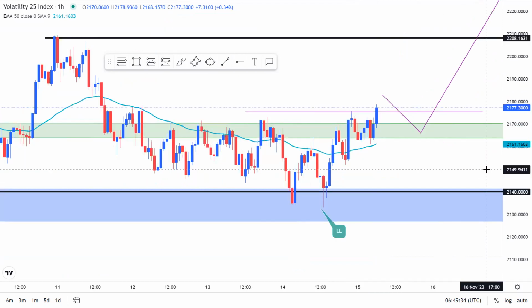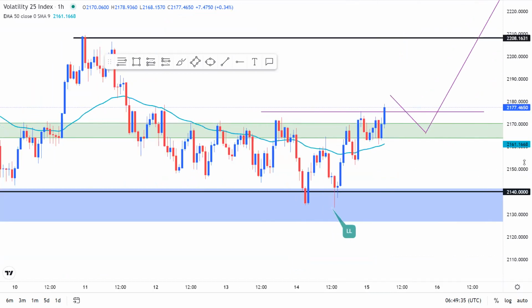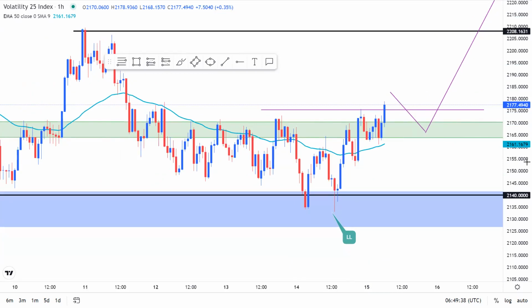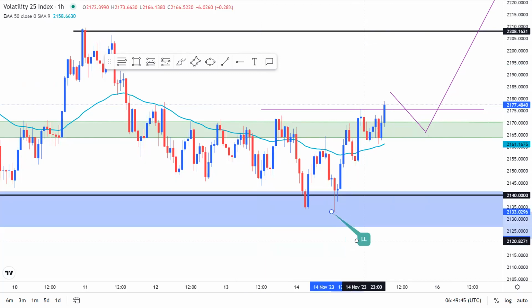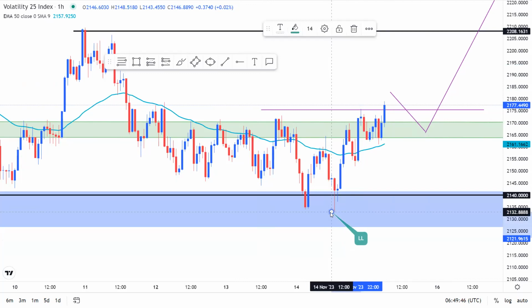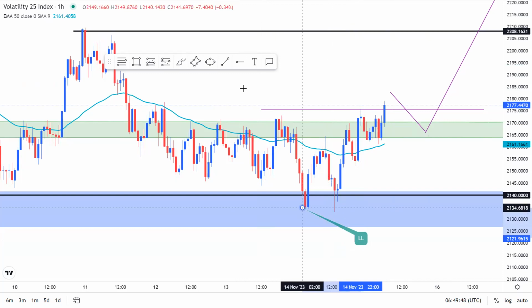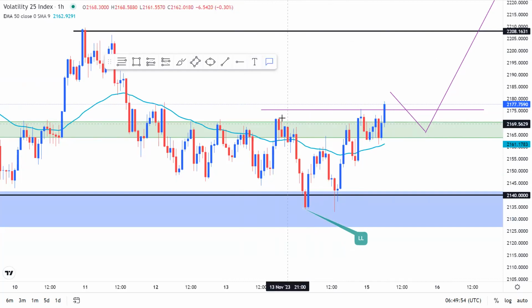Then, guys, moving down to the hourly time frame, what can you get to notice? We can get to see clearly from the hourly time frame, we have ourselves this being the swing low, the lower low, and then we have the lower high that led to that low right about here.